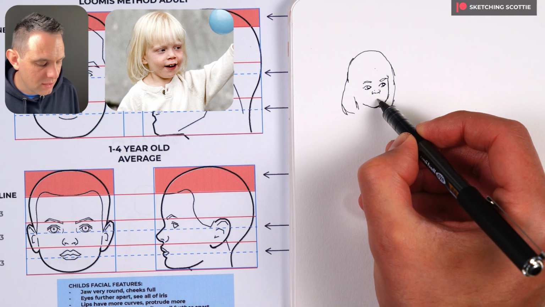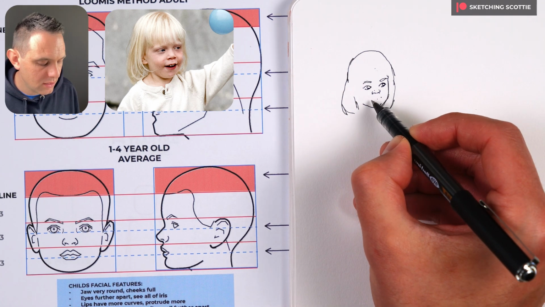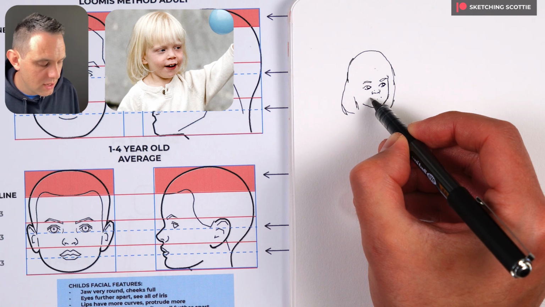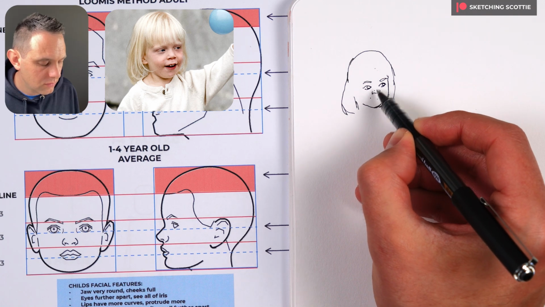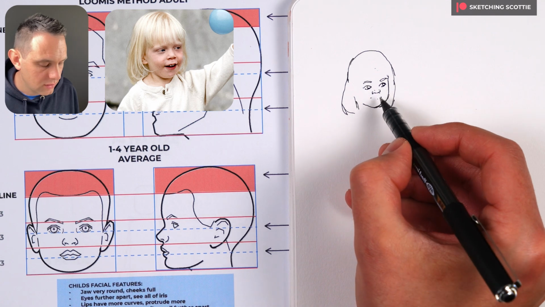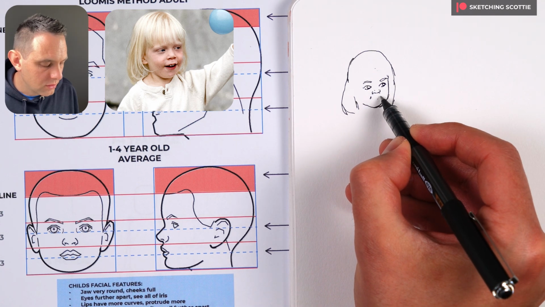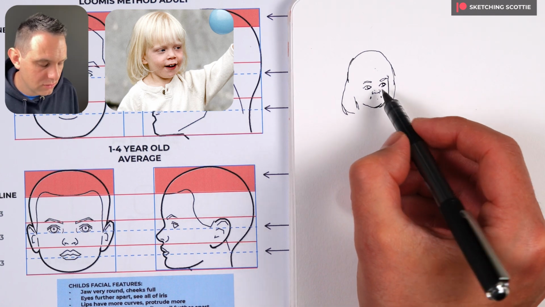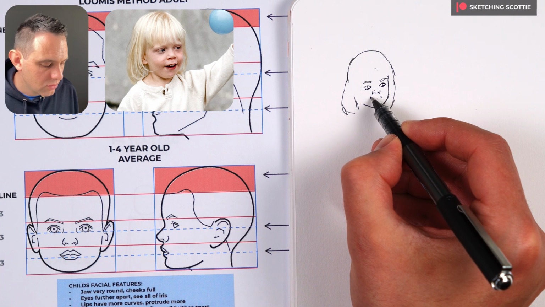So we come up about halfway, and the mouth, it's a lot narrower. It sort of fits between the two corners of the eyes, the inner corners of the eyes. So give a nice corners of those lips, and we'll go up the top so we don't miss out on that top lip.